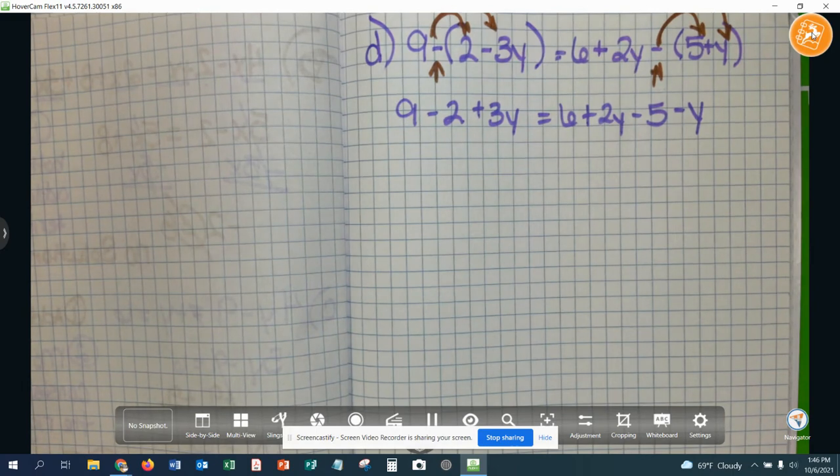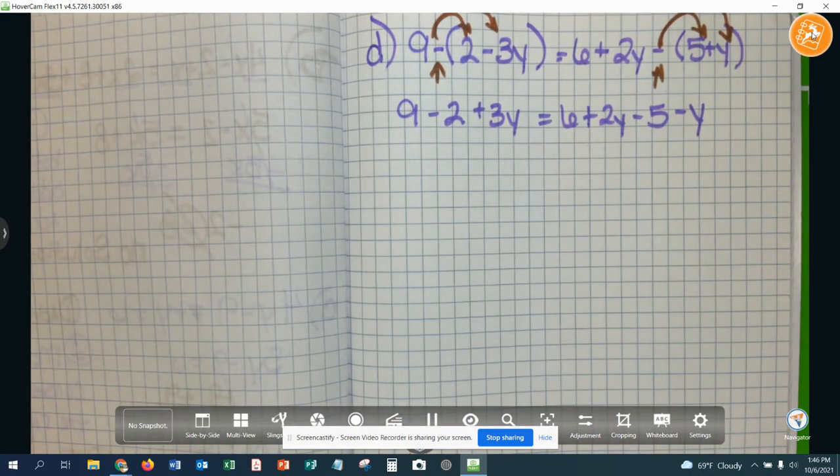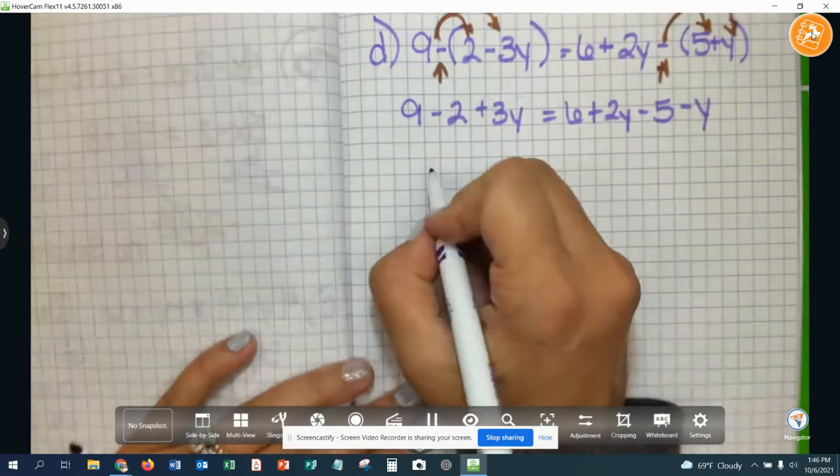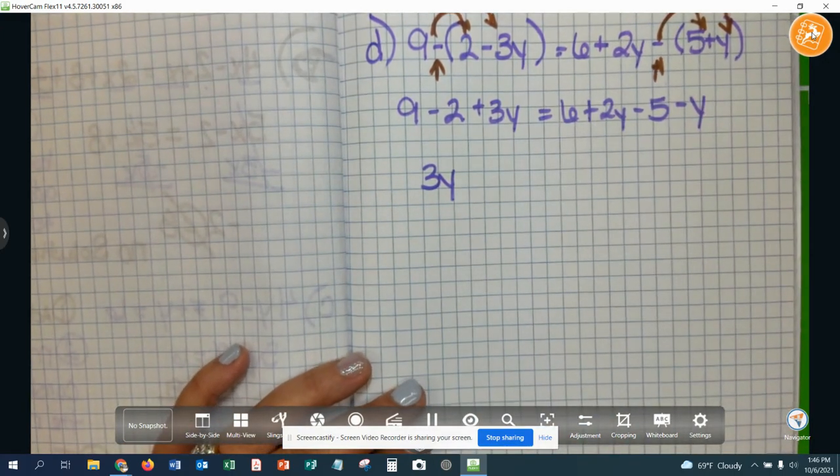Camilla, do you see what my like terms are on the left-hand side? How many variables do you see? Why don't we start there? Good. So I'm going to move this variable to the front. Now, how many just numbers do I have? Just on this side.